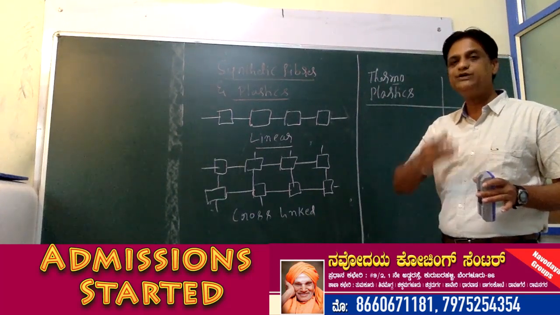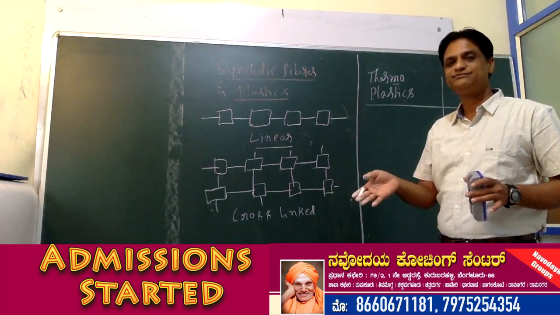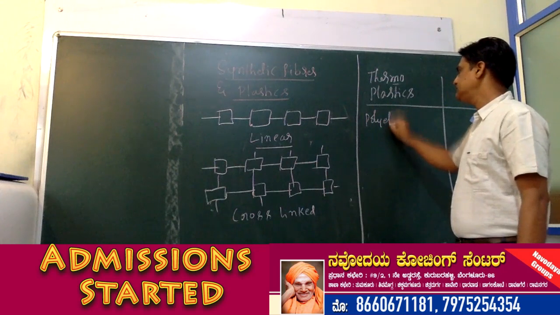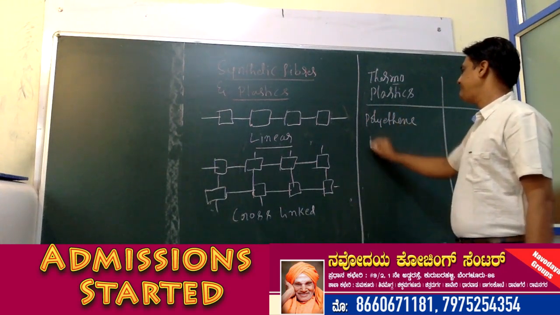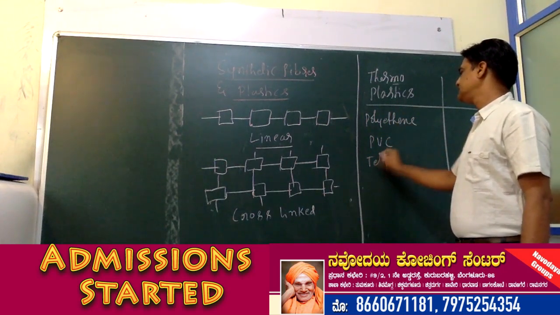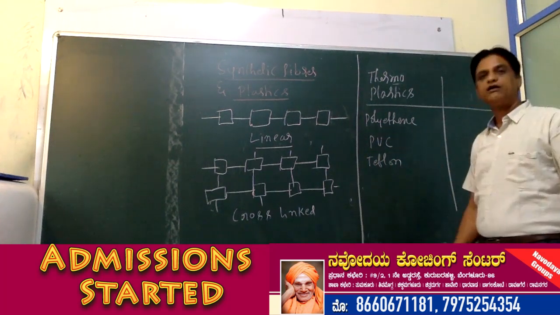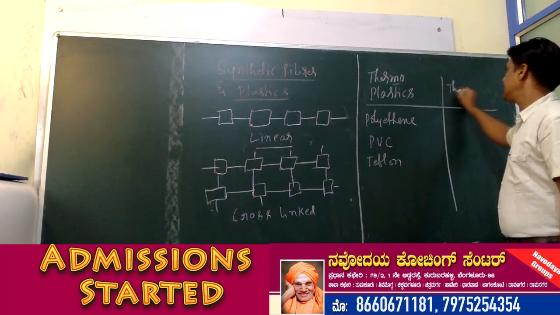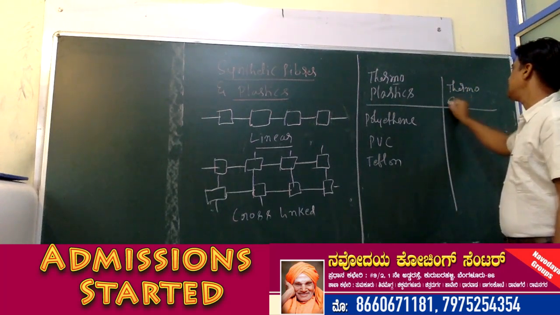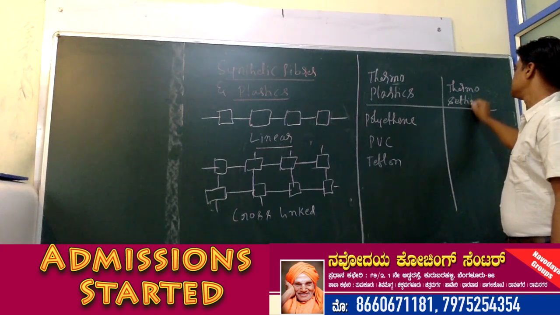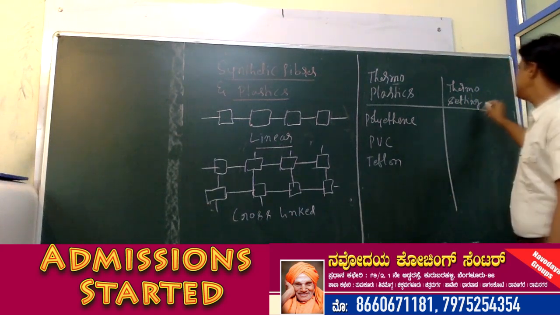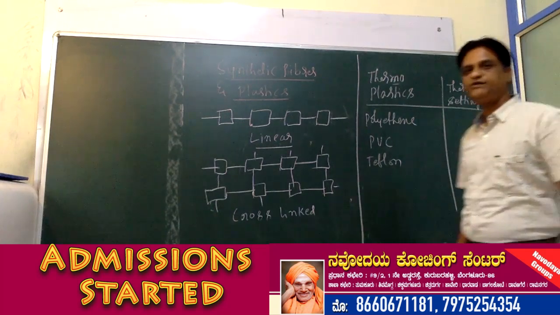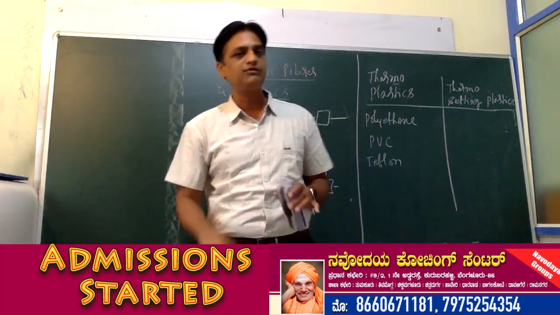That means they can be used again and again. So which are the examples of thermoplastics? Polythene, PVC, Teflon, they are all examples of thermoplastics. And similarly, another type of plastics is called thermosetting plastics. So what is the difference between thermosetting plastics and thermoplastics?